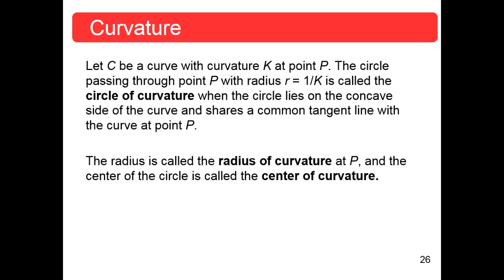Using a compass, you can sketch a circle that lies against the concave side of the curve at point P, and the circle has a radius, call it R. If the circle has a radius R, then you can estimate the curvature to be K is equal to 1 over R. So that just tells you a way to estimate this.